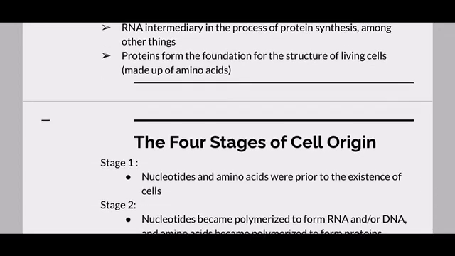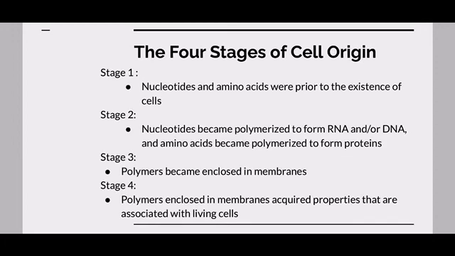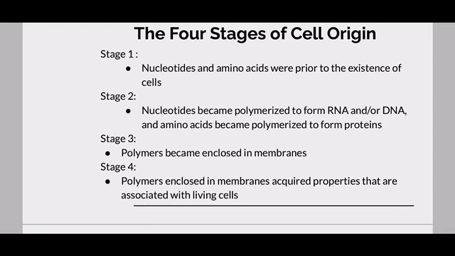Okay, so the 4 stages of cell origin. Stage 1, nucleotides and amino acids were prior to the existence of cells. Stage 2, nucleotides became polymerized to form RNA and DNA and amino acids became polymerized to form proteins.